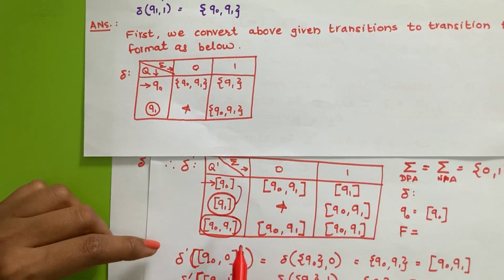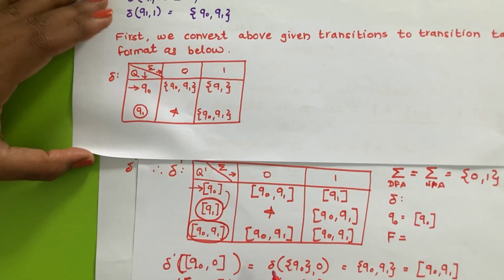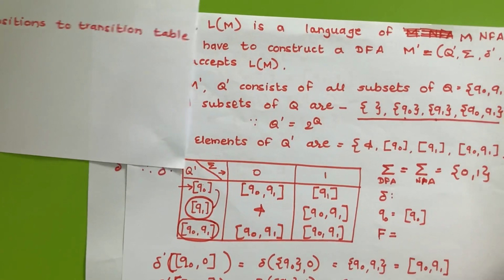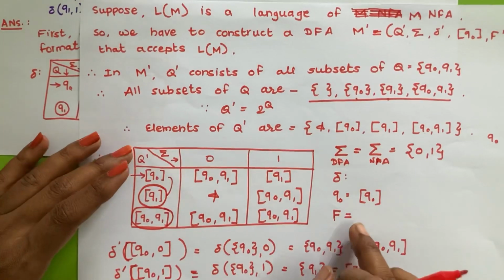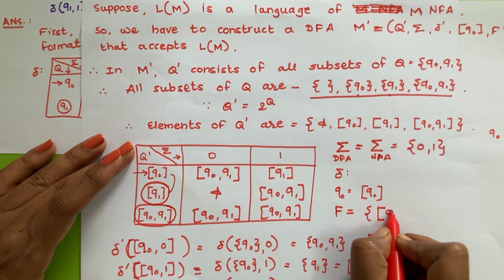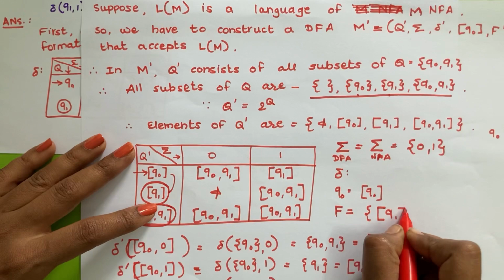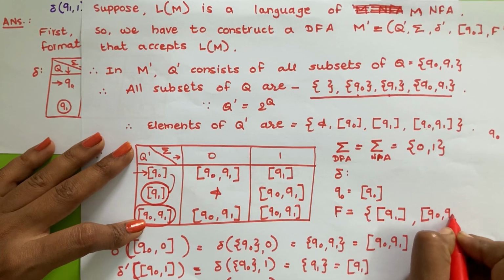Okay, so we now have two different final states. So we will write here set F, as we have the first final state, that is Q1, and the second final state, that is Q0 Q1.